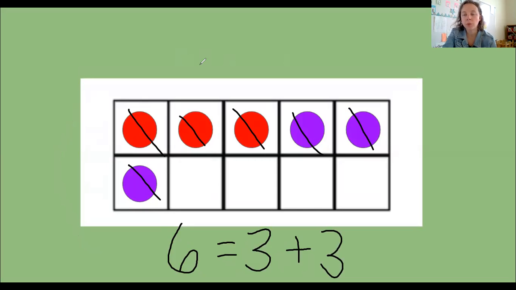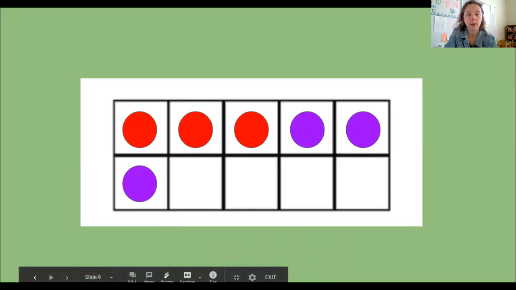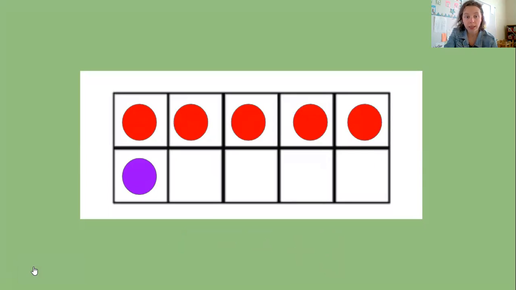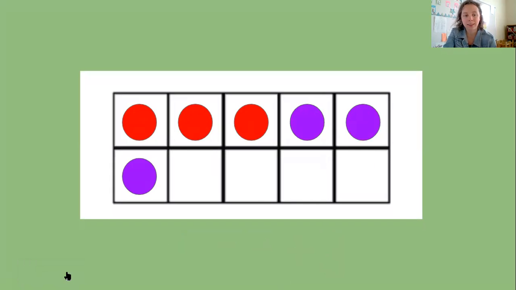Okay, 6 equals 3 plus 3. Now here we said 6 equals 5 plus 1. Here we said 6 equals 3 plus 3. Both are correct. Both numbers make 6.